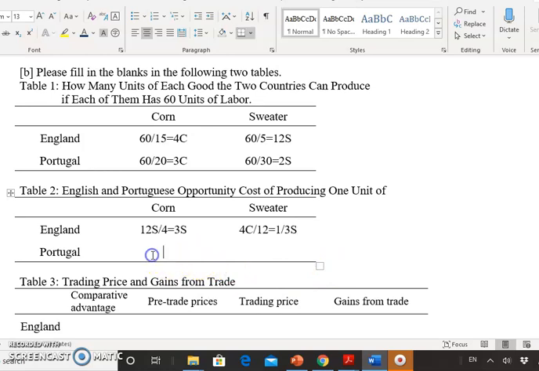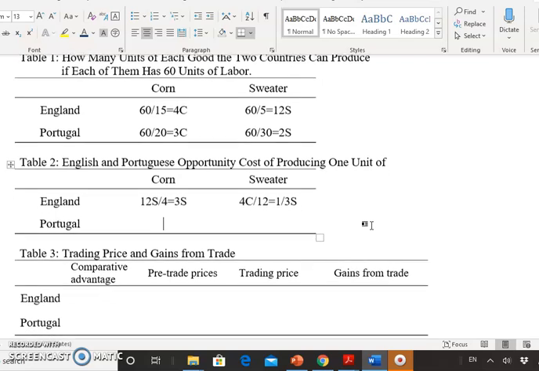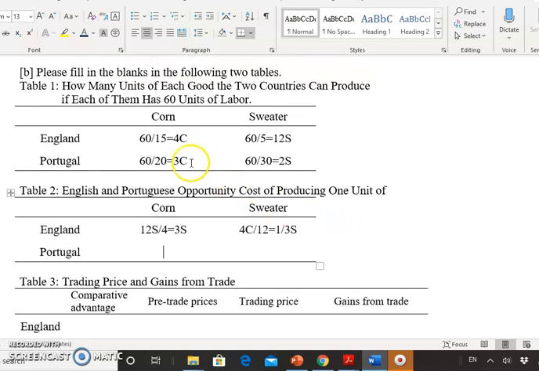All right, and for Portugal, we can do the same thing. Okay, so here to be able to produce 3 corns, it has to use up its 60 units of labor. That means Portugal potentially loses 2 sweaters. Okay, so let's put it here, 2 sweaters, but divided by 3 corns. So the opportunity cost is 2/3 sweaters.